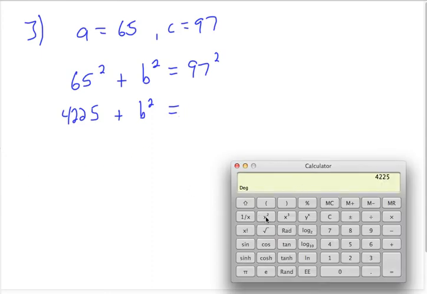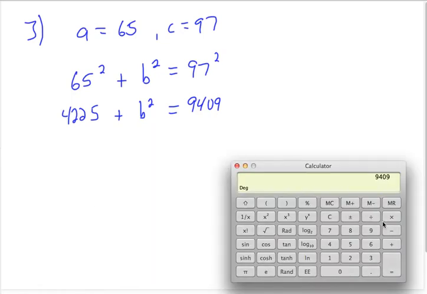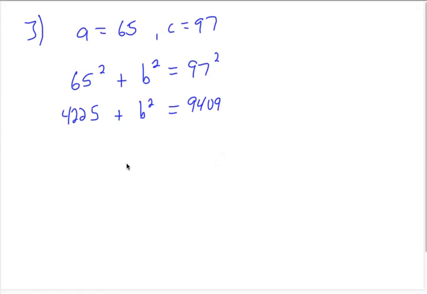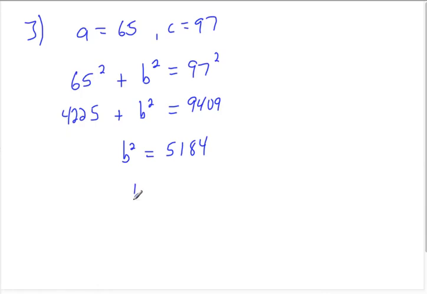Sounds like a big number. 97 squared is 9409. Subtracting 4225 equals 5184. So B squared equals 5184, and the square root of that is 72. Cool. B equals 72.